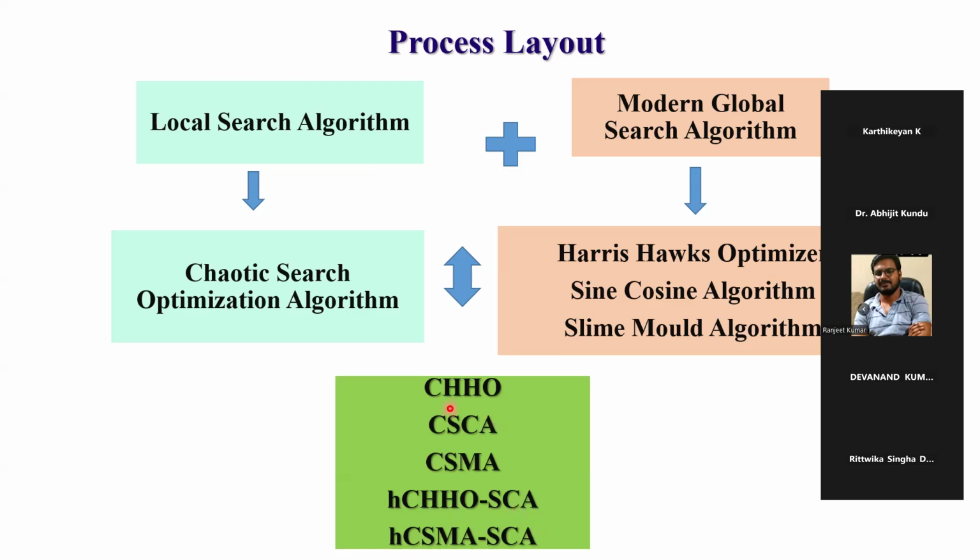Here we can see I named this optimizer CHHO, that is chaotic Harris hawk optimizer, and this one is the chaotic sine cosine algorithm. This one is the chaotic slime mold algorithm, and again I combined these optimizers: the hybrid chaotic Harris hawk optimizer with the sine cosine algorithm, and the hybrid chaotic slime mold algorithm with the sine cosine algorithm.